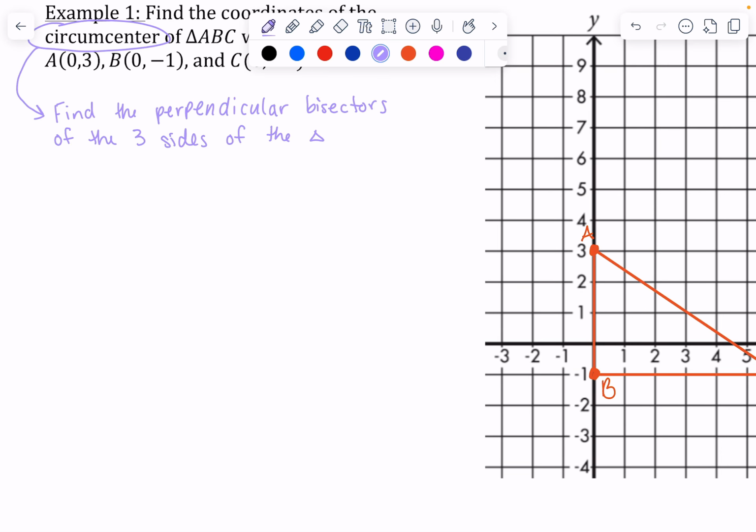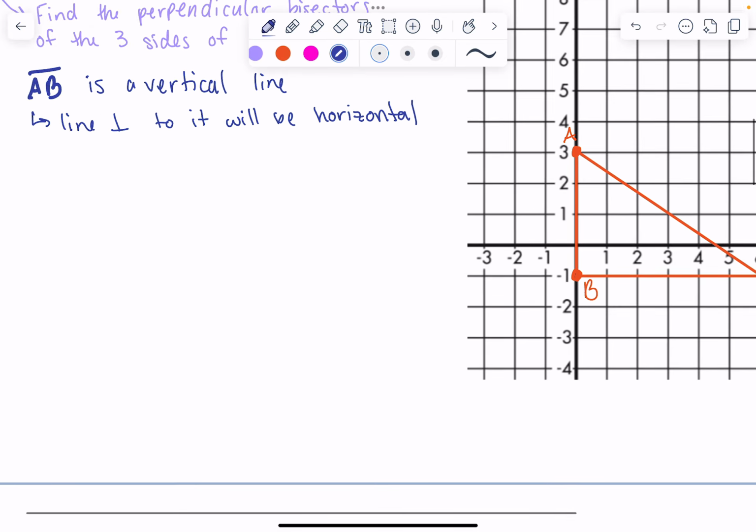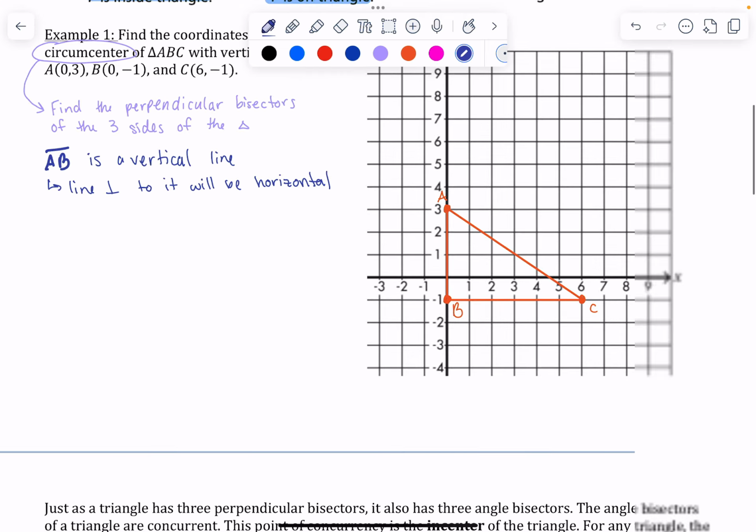The horizontal and vertical lines aren't too bad. Segment AB is a vertical line. So that means the line that's perpendicular to it will be horizontal. Okay? So I could draw a line perpendicular to segment AB like this, like this, like this, like this. But it's not that I just want a line perpendicular to it.